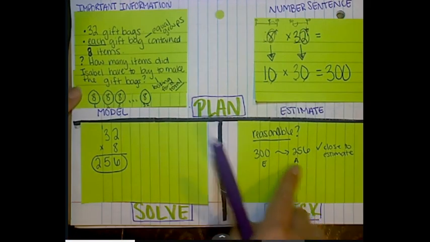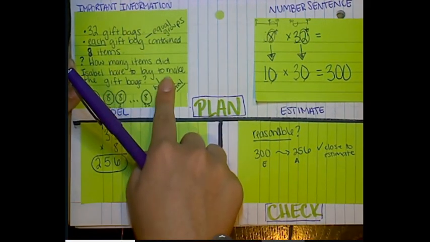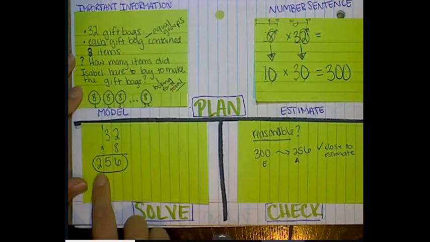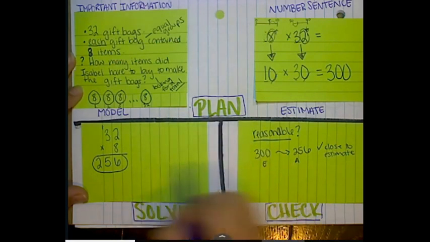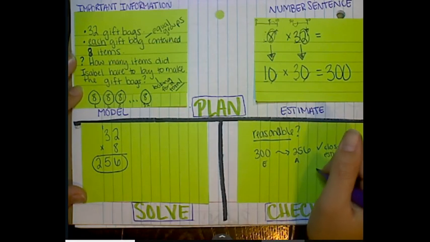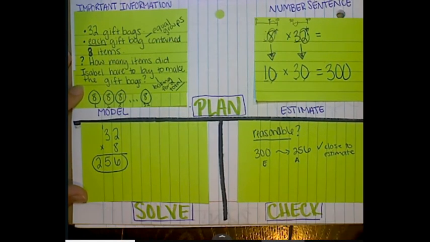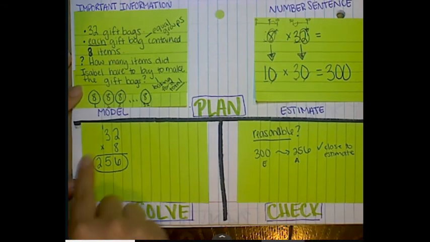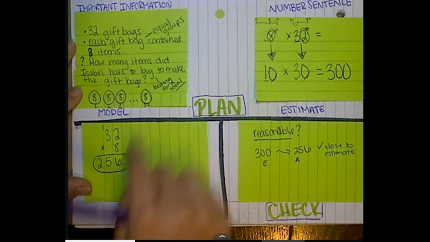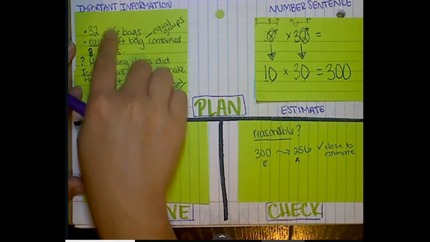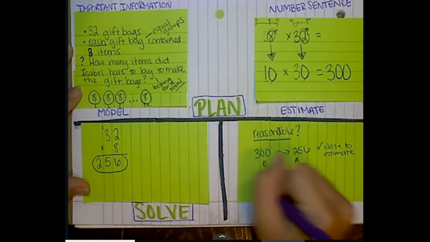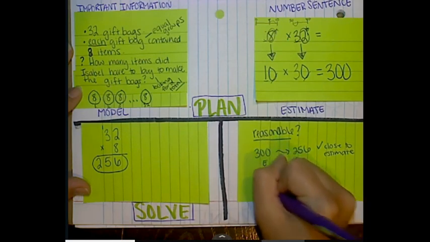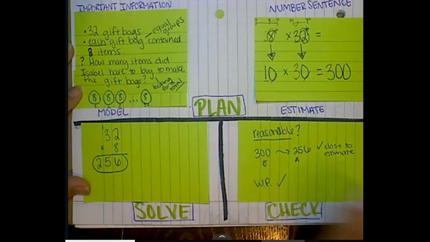And if we think about how many people are coming to the party, we don't have 2,000 and we don't only have 2. This makes sense in the problem as well. If I were to plug this back into the problem, it makes sense to have 256 items split between 32 gift bags. So yes, when we think about the word problem, it makes sense.